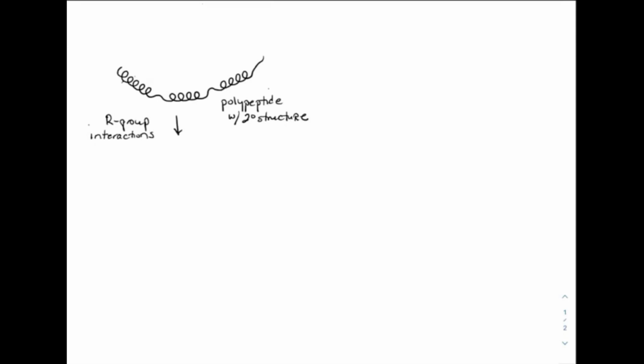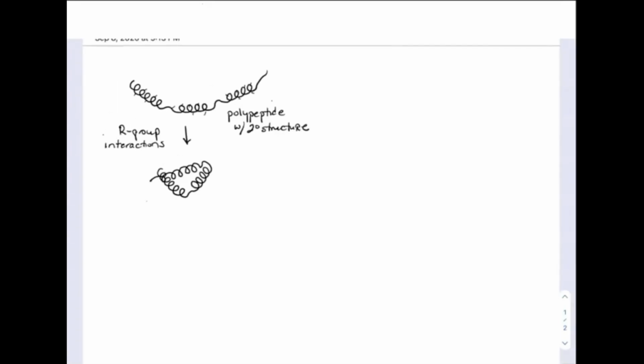So consider now that the alpha helices and the random coil, the turns, they're all going to be interacting with each other because we have all these R groups that are sticking out from the coil, right? And those R groups are going to interact by those 5 different types of interactions that I mentioned so that everything gets folded up into a particular shape. I'm not making a very nice shape here, but you get the idea. Those R groups interacting, and now we have a folded form.